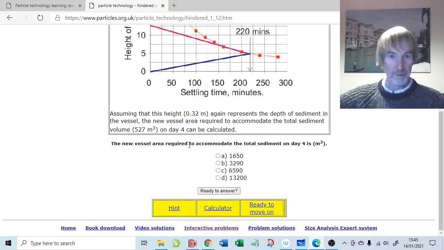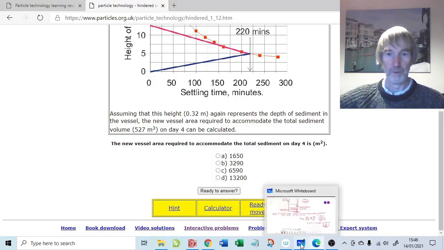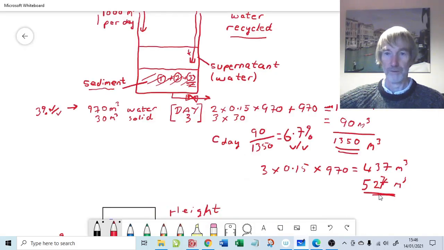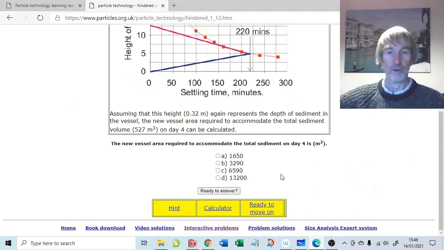The new vessel area required to accommodate the total sediment on day 4, if we're now looking at the same volume of sediment, so if we nip back to this 527 meters cubed, so 527 meters cubed of sediment, and it is 0.32 meters in height.